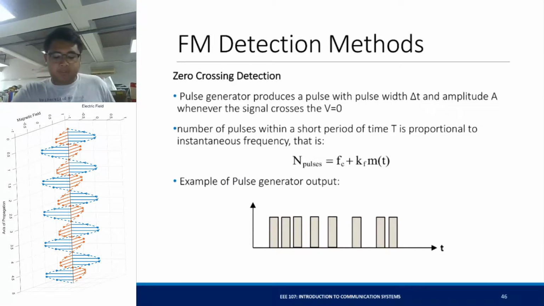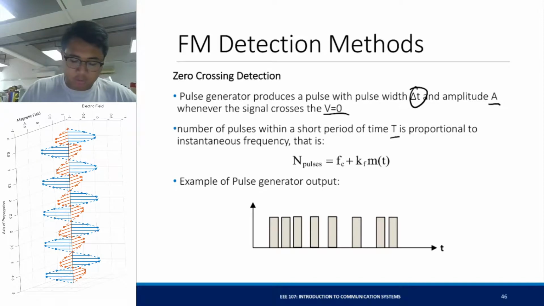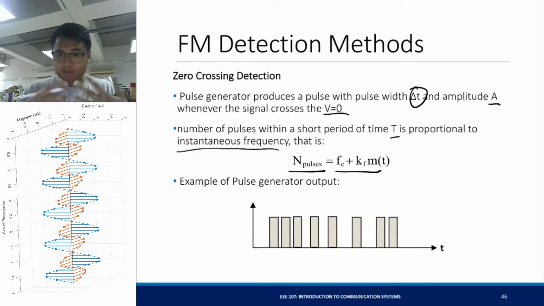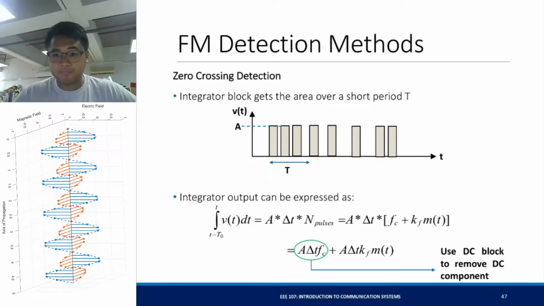The pulse generator produces a pulse with some width delta t and an amplitude A whenever your signal crosses v equals 0. Okay, so the number of pulses within a short period of time t is proportional to the instantaneous frequency. So the number of pulses is proportional to your carrier frequency plus your k_f m(t). And this is an example of the generated output.